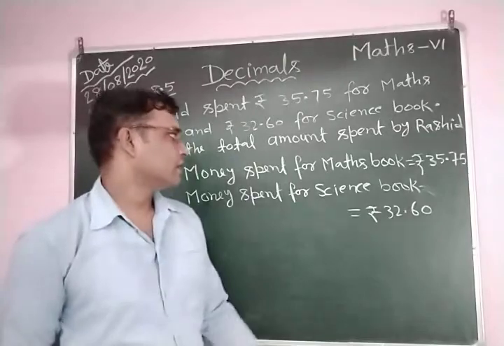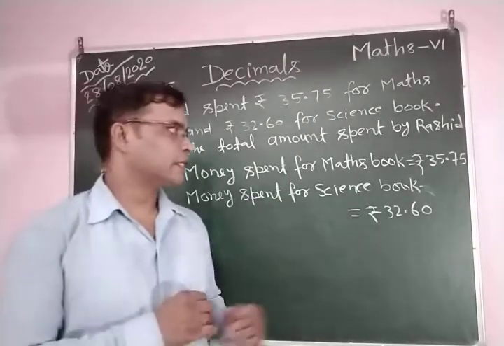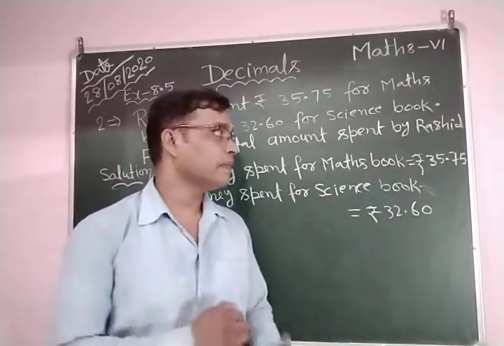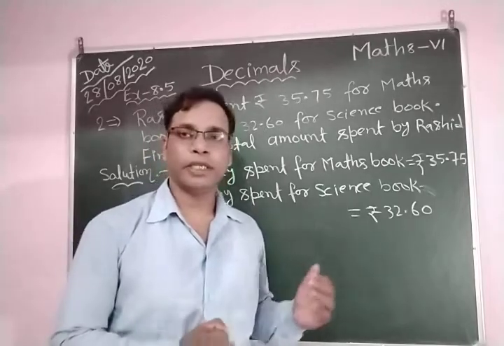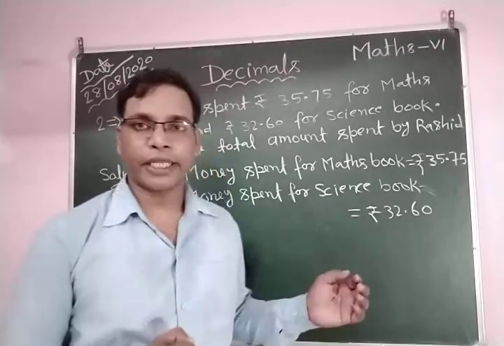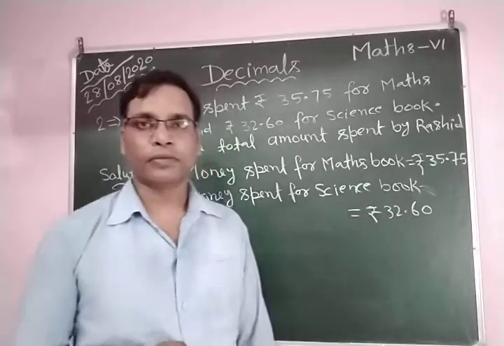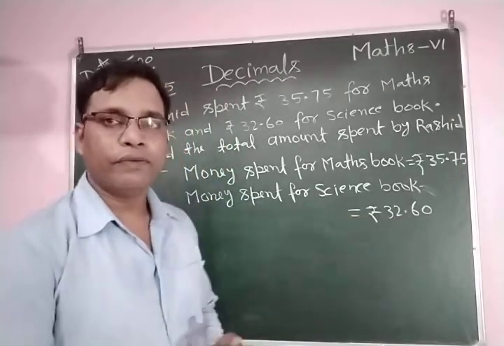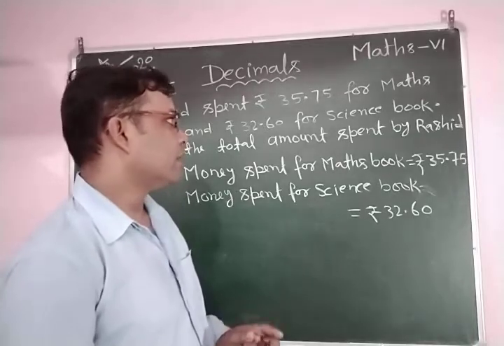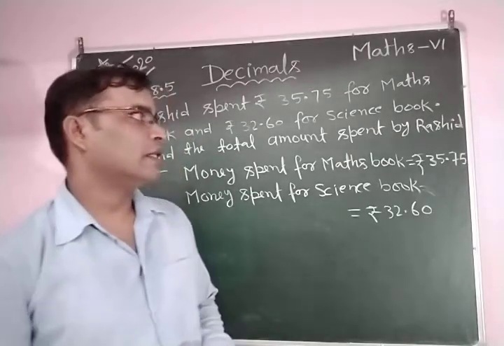Okay, the money spent on math books is given here, 35.75, and the money spent for science books is also given, 32.60. Now we need to find the total amount spent by Rashid.